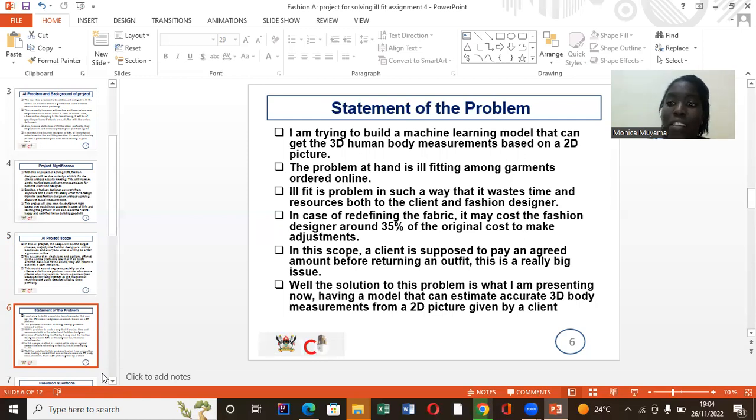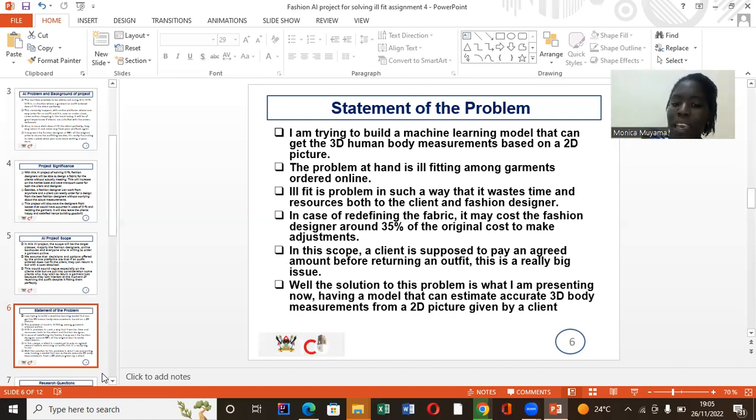You order cloth, it doesn't fit you, so you're not satisfied. Ill fit is a problem in that it wastes time and resources, for both the client and the fashion designer. In case of redesigning the piece, it may cost the fashion designer around 35% of the original cost to make the adjustments and make a size that fits the client.